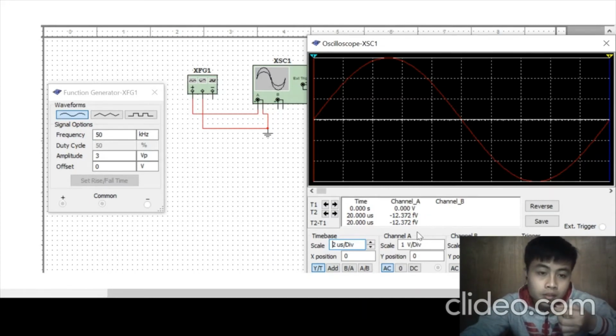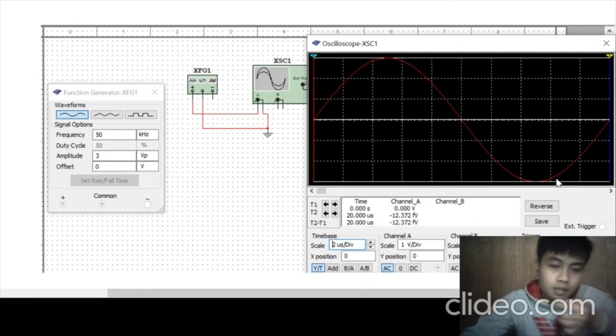Okay, here I have two different methods to determine the period. First, I look at the x-axis, where I put the scale of 2 microseconds per division, and a division is one box. How many boxes do we have on this x-axis? 1, 2, 3, 4, 5, 6, 7, 8, 9, 10.